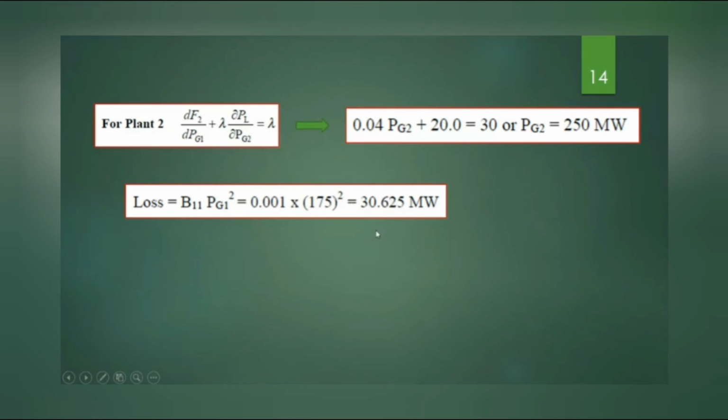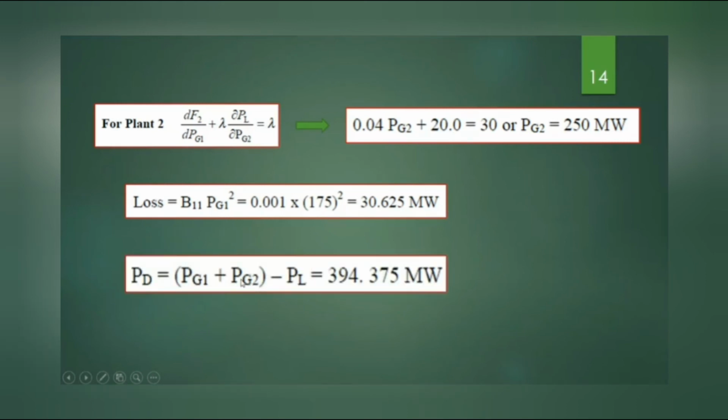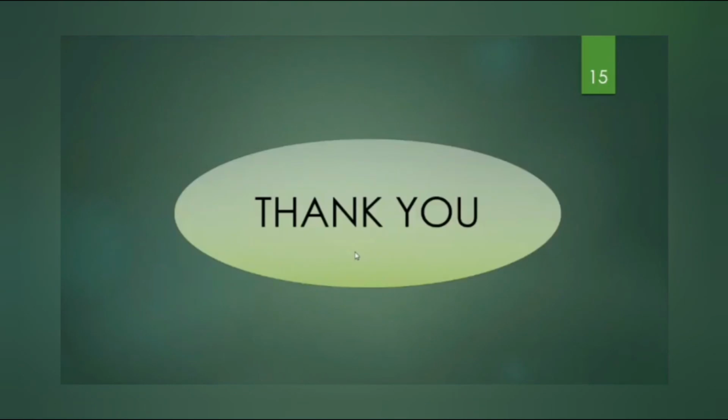You will get new losses 30.625 megawatt. So total demand is equal to Pg1 plus Pg2 minus losses. Pg1 is 175, Pg2 is 250 and losses is 30.625. So you will get total demand equal to 394.375 megawatt. Thank you.